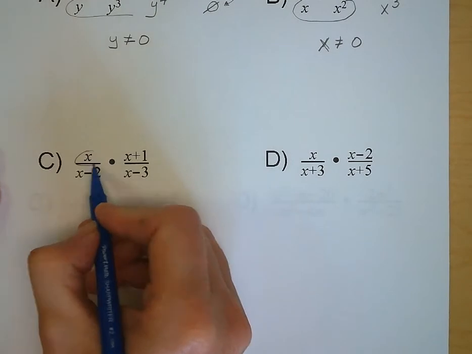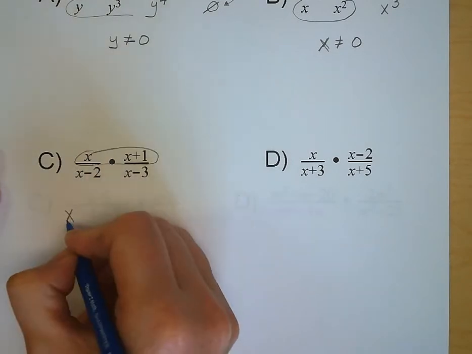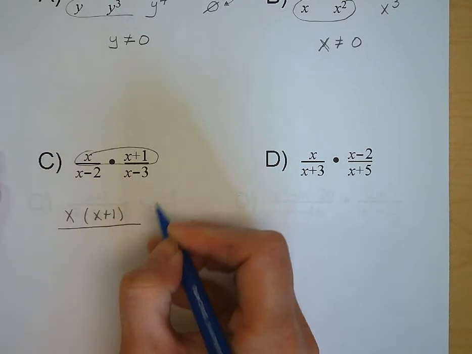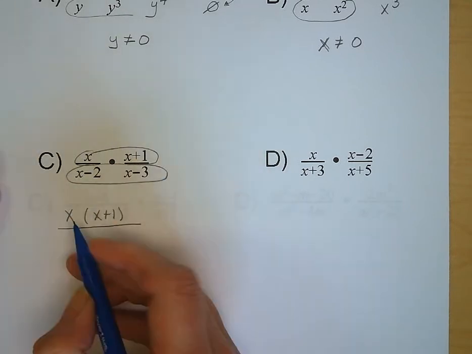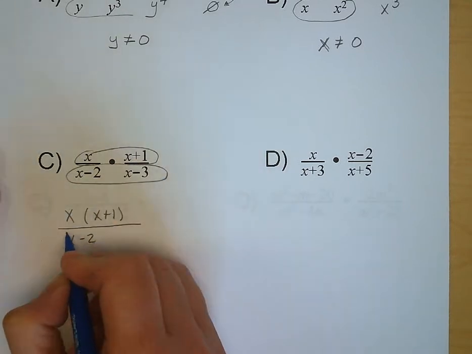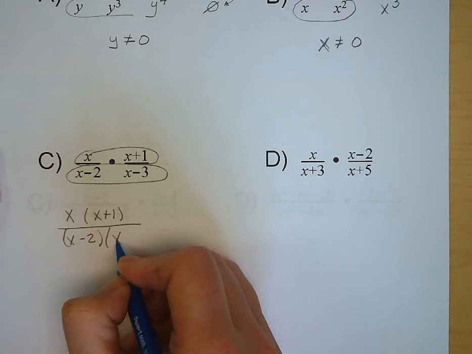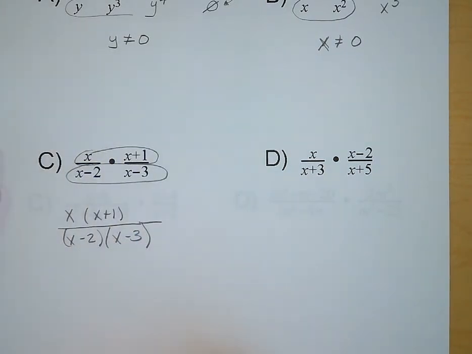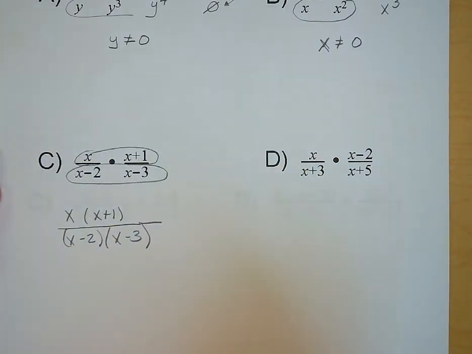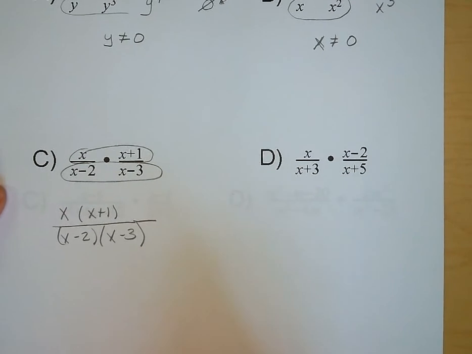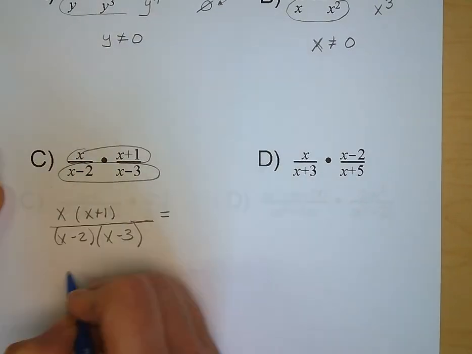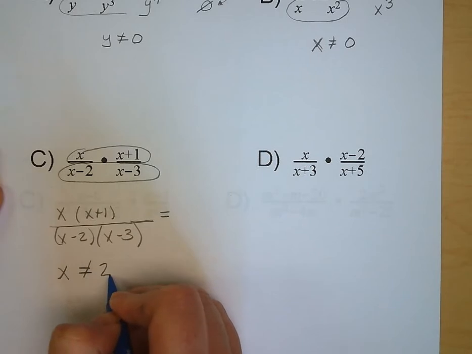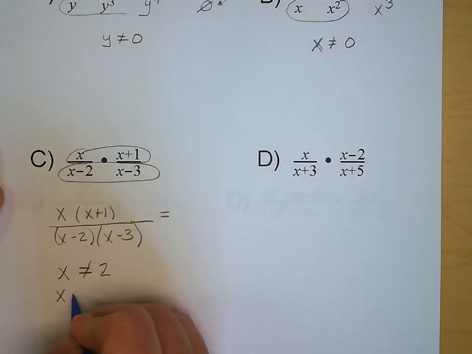Letter C, we've got x times the quantity x plus 1. And we've got the quantities x minus 2 times the quantity x minus 3. Okay, and what are our excluded values? We've got x is equal to 2. And x does not equal 3.